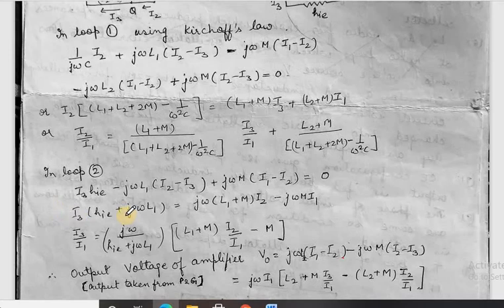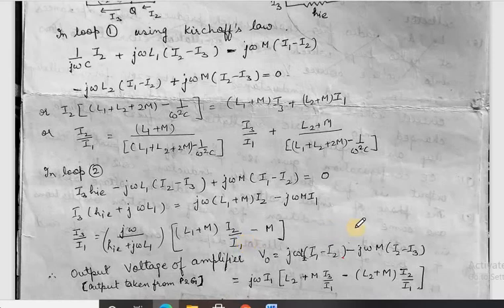I have taken I3 on one side and the rest on the other side. In this way, dividing the whole equation by I1, I get I3 by I1 in terms of I2 by I1. So now I have two equations. One is I2 by I1 in terms of I3 by I1, and second is I3 by I1 in terms of I2 by I1. These two equations I'll be using as required.